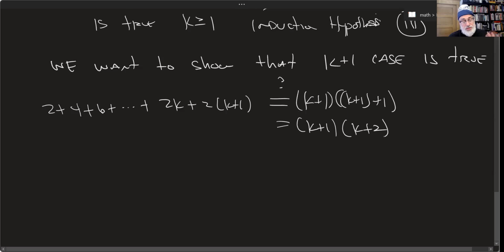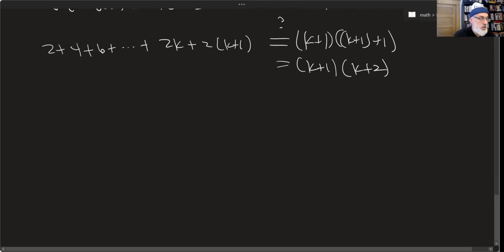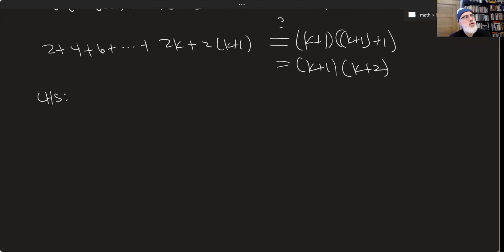So if we can show that the left-hand side and the right-hand side are the same, we've proven by induction that our hypothesis is true. And we found a closed formula for that summation of even positive integers. All right, so let's look at the left-hand side. In most cases where we have a summation that's equal to some closed form expression, we're going to make one side look like the other side.